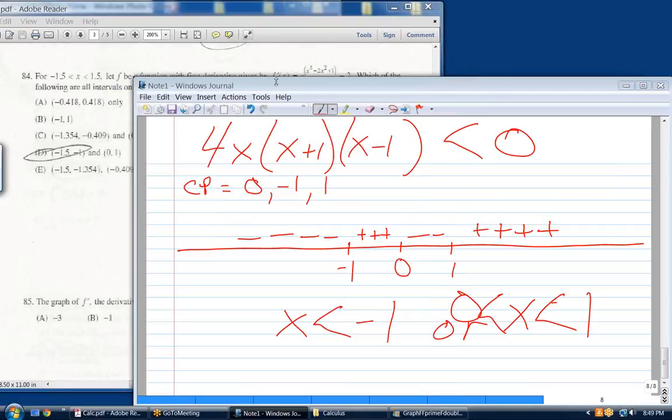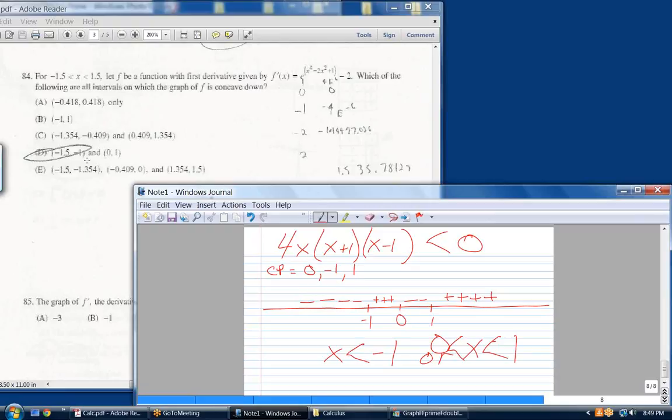So that answer is D. In other words, from negative 1.5 to negative 1, the second derivative is less than 0. And from 0 to 1, the second derivative is negative also.